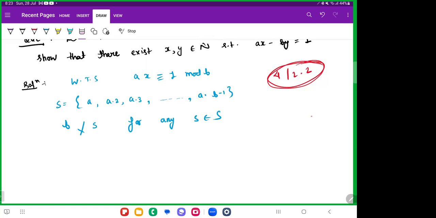Tell me, this is some basic theorem, class 10 theorem. So I guess you know this. But do you know Euclid's lemma?